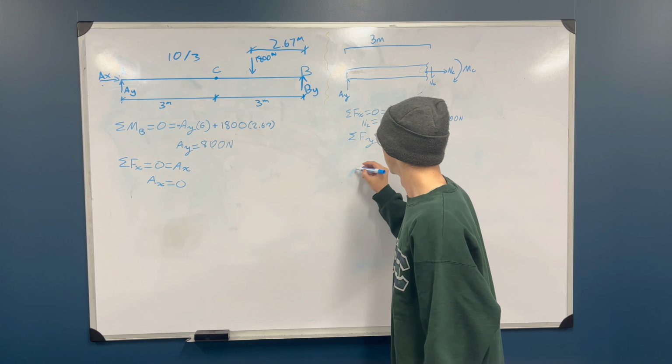Solving this out, we get M equal to 2,400 Newton meters. And there we have it: our moment at C, our shear force, and our normal force at C. Thanks for watching.